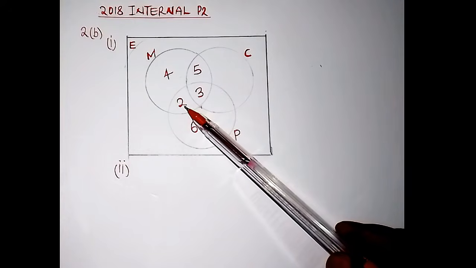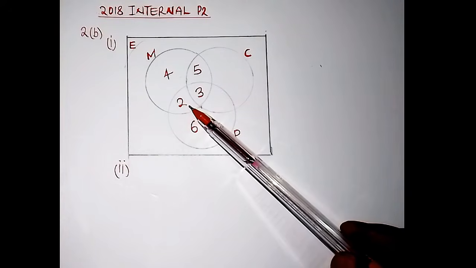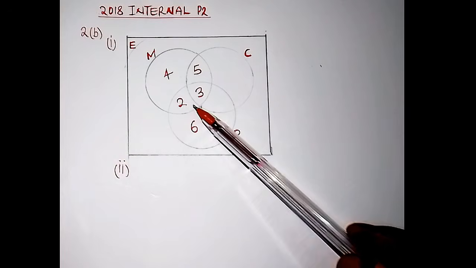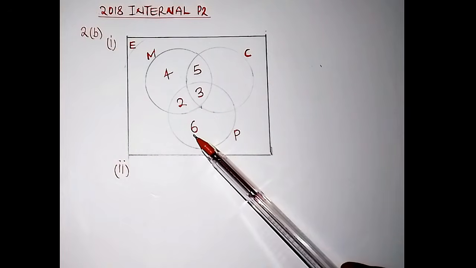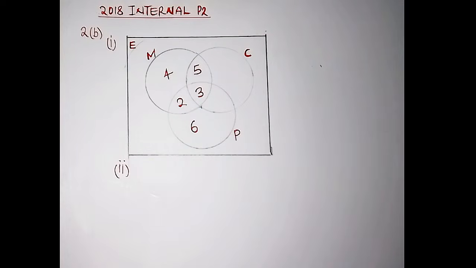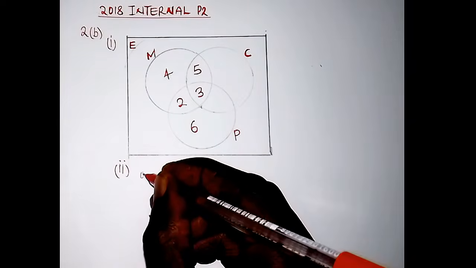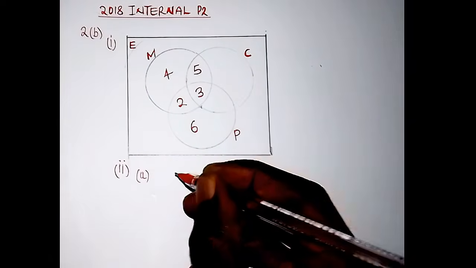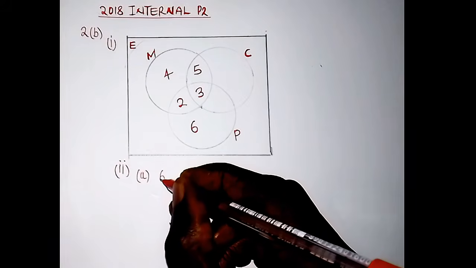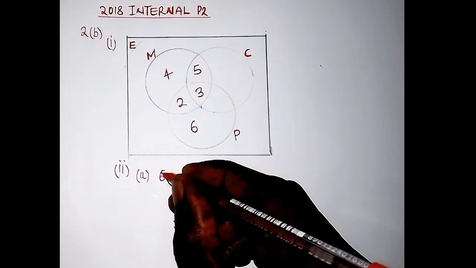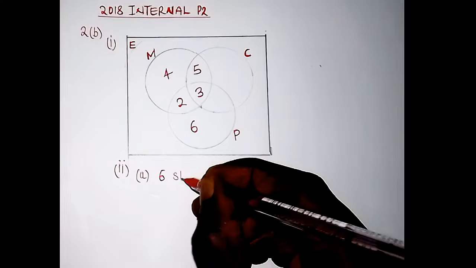And this 2 shows the number of students who are studying mathematics and physics. So meaning we have to pick on 6, which shows the number of students who are studying physics only. So here for part A, we're going to say 6 students.